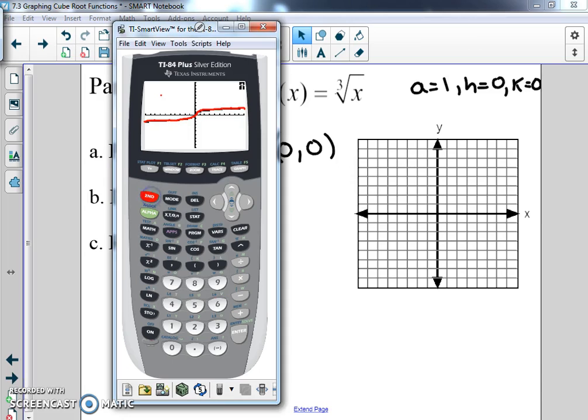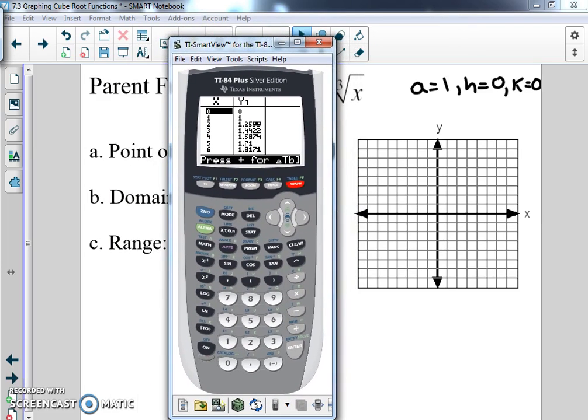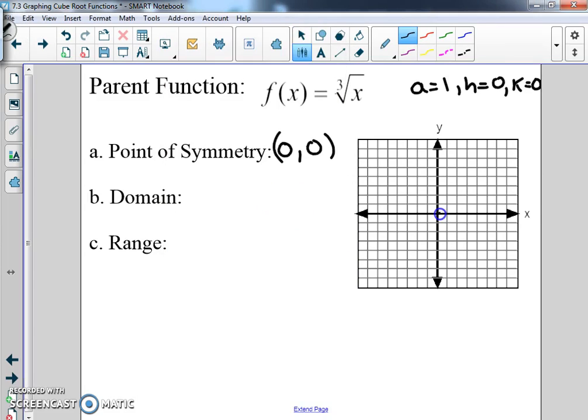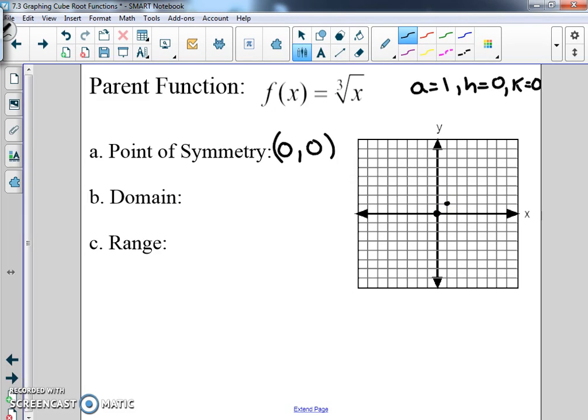If I go to my table now, I can go to second graph and look at my table. Clear that line off there. I see that I go through a number of points here that I can graph. I see I have the point 0, 0. I can graph that. I have the point 1, 1, which is right here.